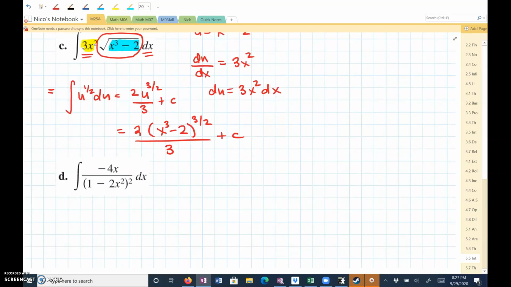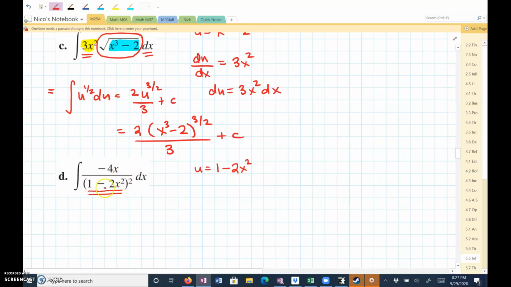Alright, part D, I'm going to let this part of the function equal u. Again, you're pretty much always looking for an f of g of x, a function being plugged into another function, a composition of functions.